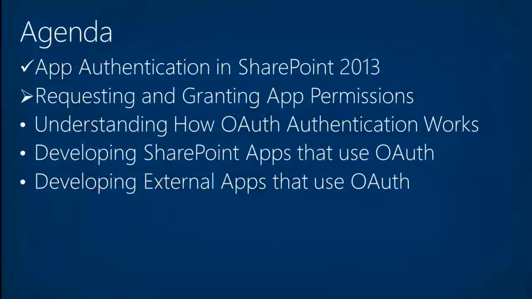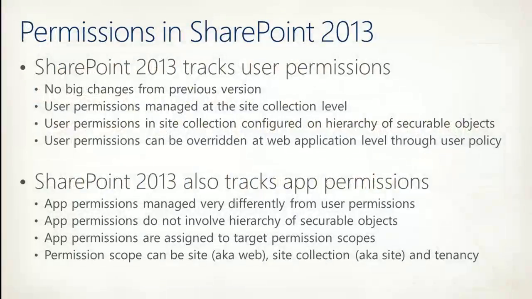Okay. So now that we've been through some of those fundamentals, let's talk about how permissions work. So we track user permissions in SharePoint 2013 without any big changes from the previous version.